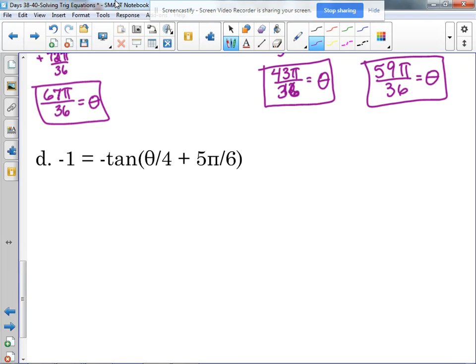Negative 1 is equal to negative tangent theta over 4 plus 5 pi over 6. So trig function, not by itself. Not a whole lot going on, but we do need to take care of that negative in front of the tangent. So we divide both sides by negative 1. So we have positive 1 is equal to tangent theta over 4 plus 5 pi over 6.